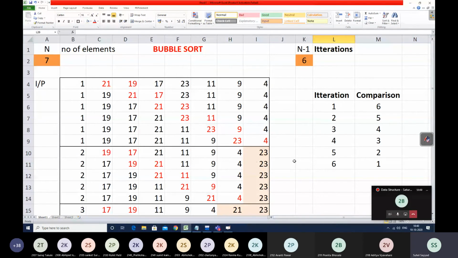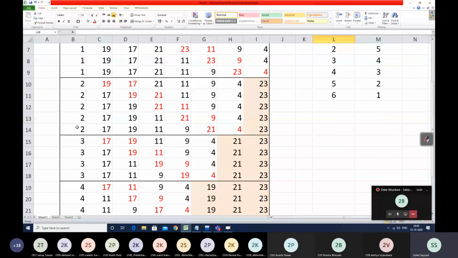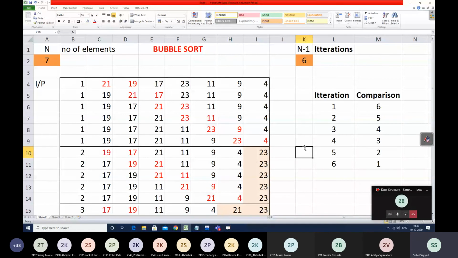What was our job here? This bold rectangular block which I have shown is one task, right? So total 6 tasks, that is 6 iterations, are there. And in every iteration, we have some comparisons that we need to perform.